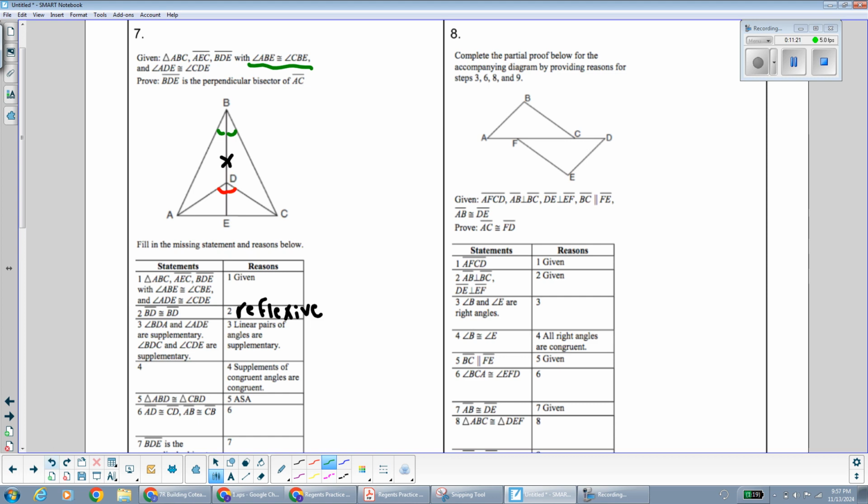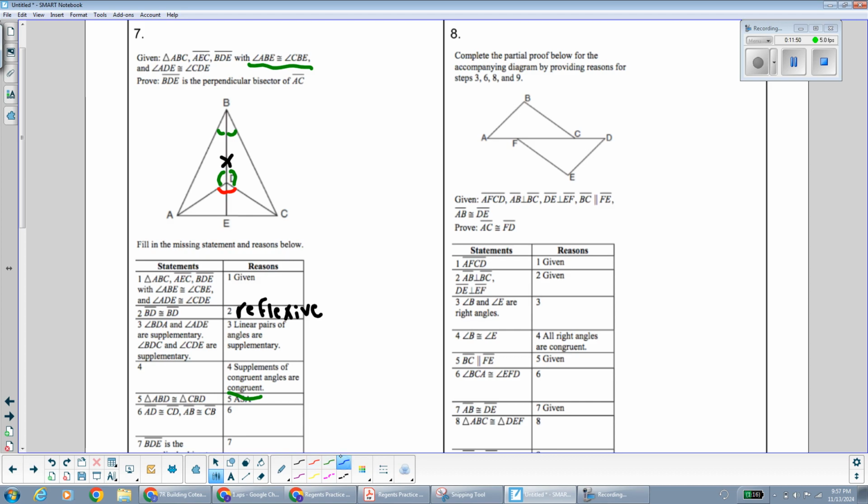So now they want us to make a statement due to the fact that supplements of congruent angles are congruent. So let's think about it here. These were congruent angles. We want to say that the angles that are supplementary to them have to be congruent to each other as well.